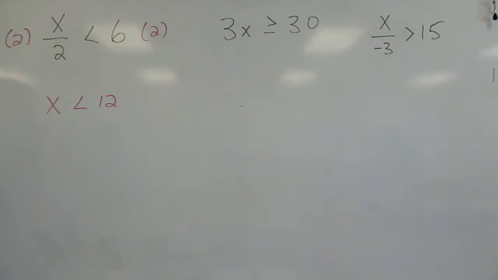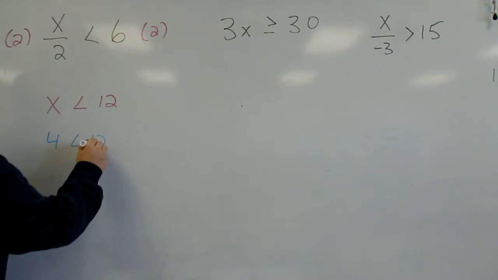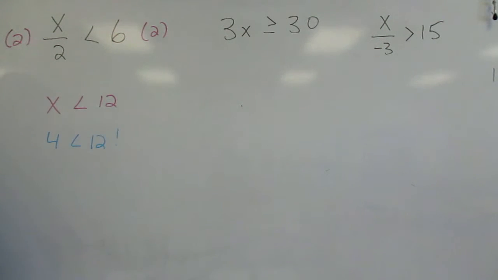Not too bad. Now let's see if this holds true. What number do I know is less than 12? I know for sure, 4 is less than 12. That's true. Now let's see if 4 is also true up here. 4 divided by 2 is 2.